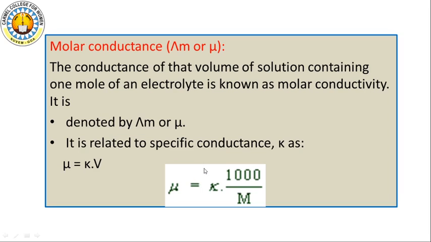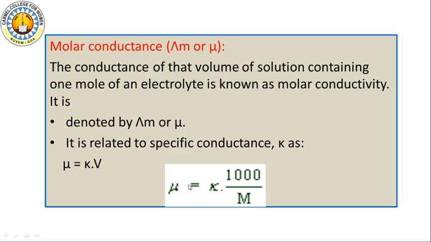Next, we move on to what is molar conductance. It is the conductance of that volume of the solution containing 1 mole. In equivalent conductance, it was containing 1 gram equivalent. Here it contains 1 mole of an electrolyte, and is known as molar conductivity.